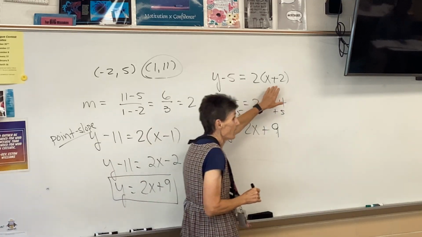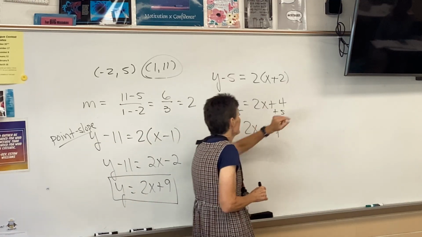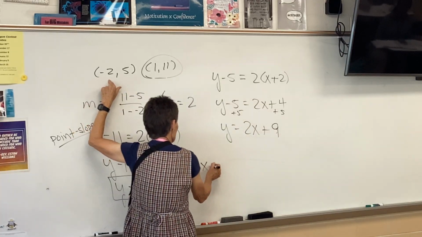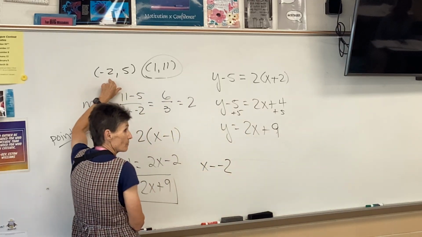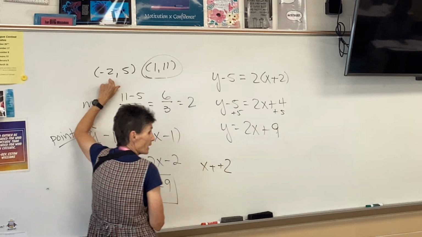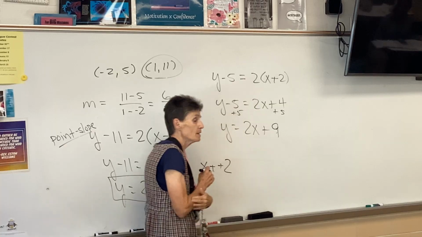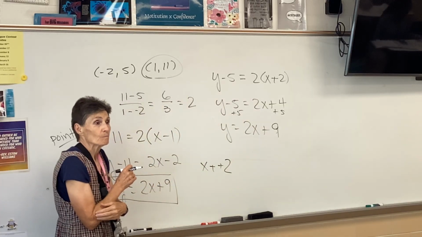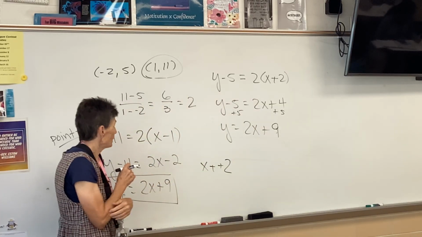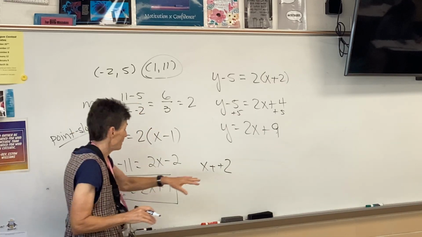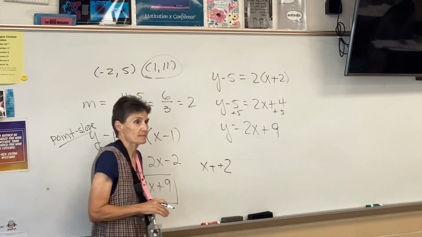Okay, because you forgot this guy right here. That's at -2. So you're doing x minus -2, which is going to turn it into a plus up there. Okay, so good point there. Point slope will look different depending on which point you used, but everybody's slope intercept looks the same.